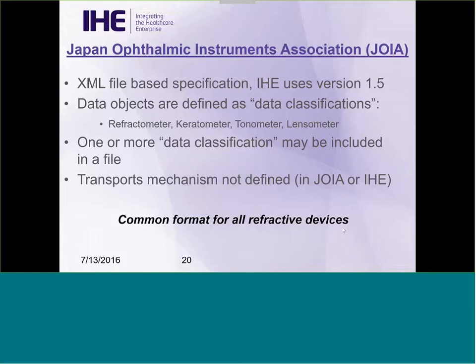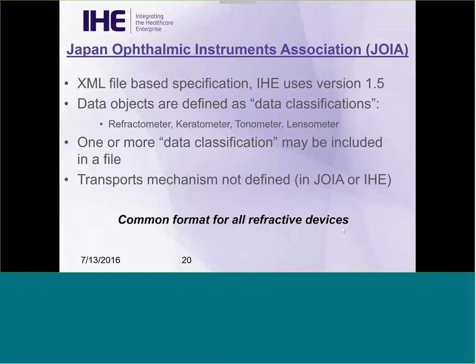So these XML file-based specifications, what are they? Well, one term that they use is data classifications. So you as a vendor, you're really implementing these data classifications. And what can happen now is when I create a file based on this XML stream, you can actually send data from a device that has more than one data classification.